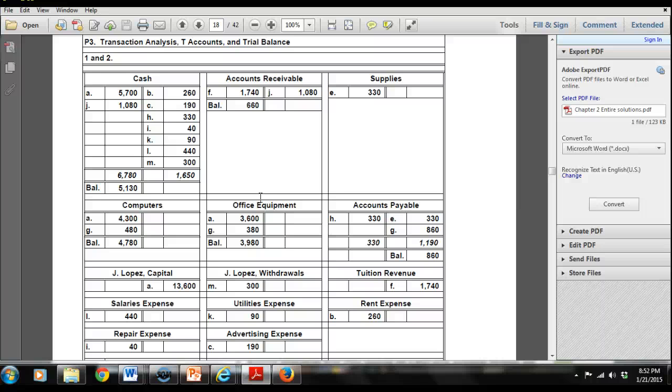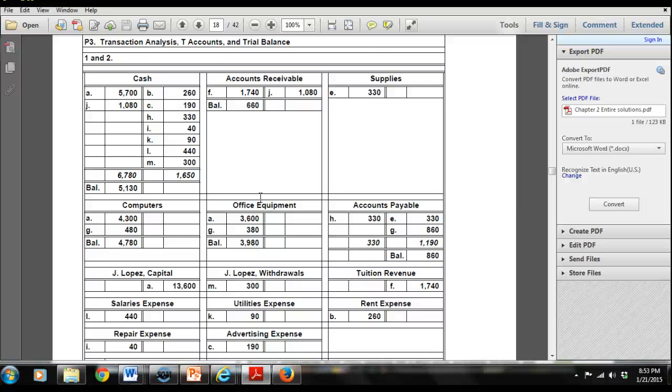What? This is $13,600, because our debits need to equal our credits. In this example, we have 3 different debits because one was to cash, one was to computer, and one was to office equipment. But she's contributing all these into the business.